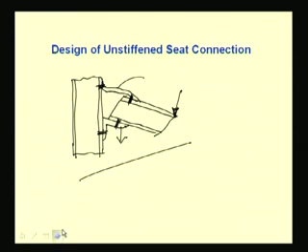Now, let us go for the design. Design means if we go through one example with the provisions whatever we have given, then we will be able to understand how to design properly a seat connection.